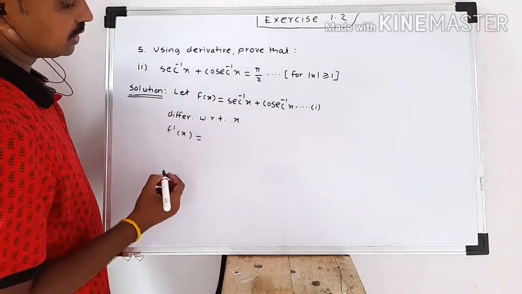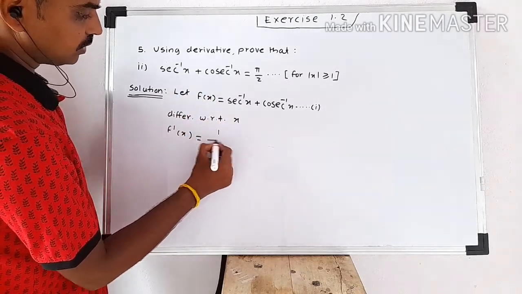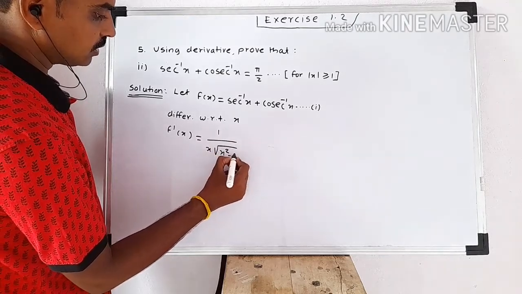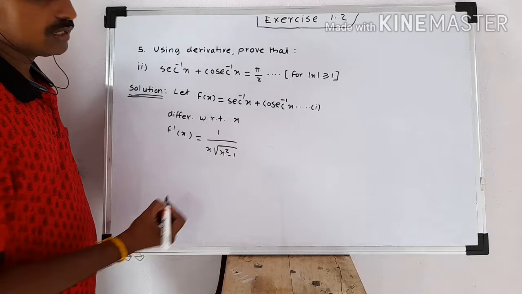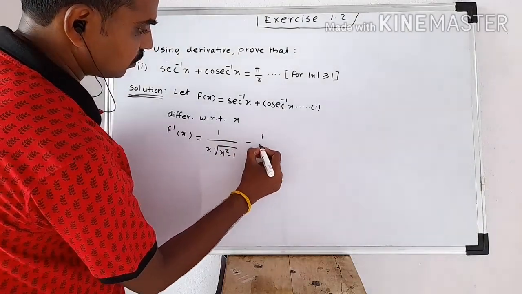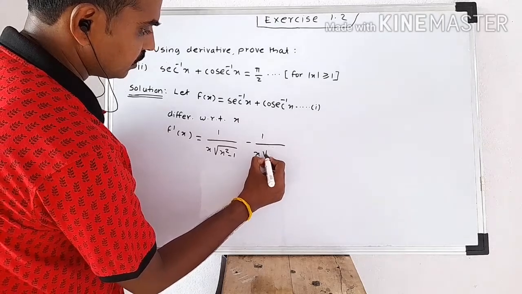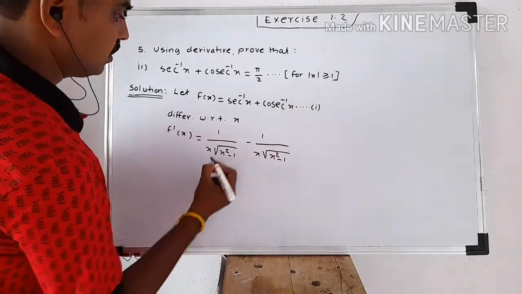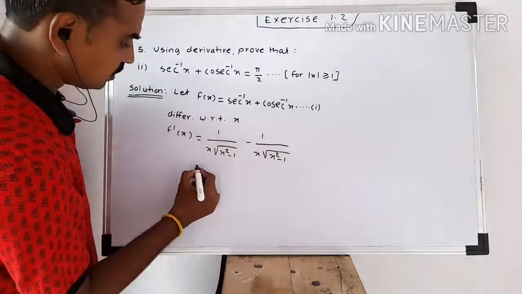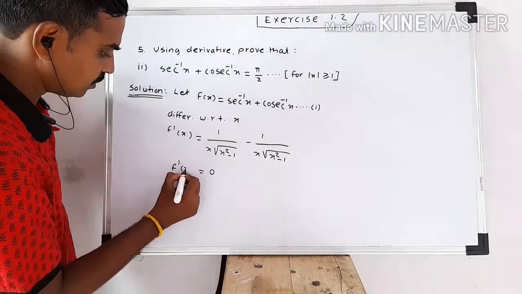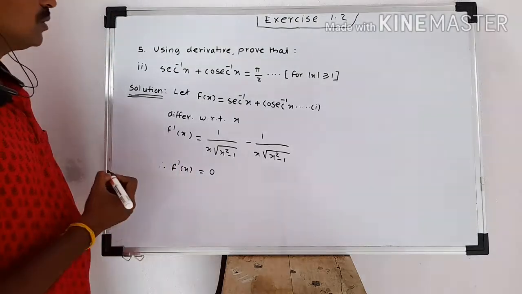What is the derivative of sec inverse of x? The derivative of sec inverse of x is 1 divided by x into root of x square minus 1. And what is the derivative of cosec inverse of x? The derivative of cosec inverse of x is minus 1 divided by x into root of x square minus 1. Now the same terms with negative sign are here, therefore their subtraction is 0, and we get f dash of x equal to 0.